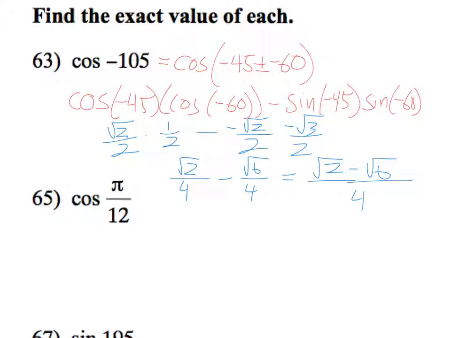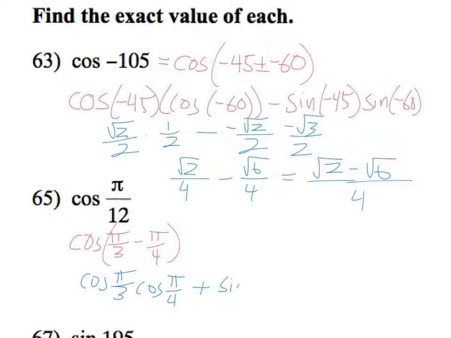Cosine of pi over 12, same thing, I've got to rewrite as cosine of pi over 3 minus pi over 4. And that comes out to pi over 12. When I put this together, that's going to be cosine pi over 3 cosine pi over 4 plus sine pi over 3 sine pi over 4.